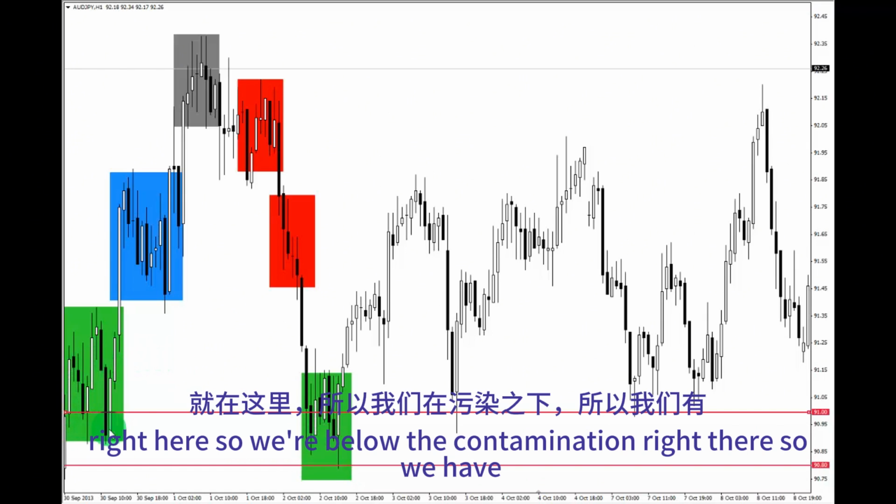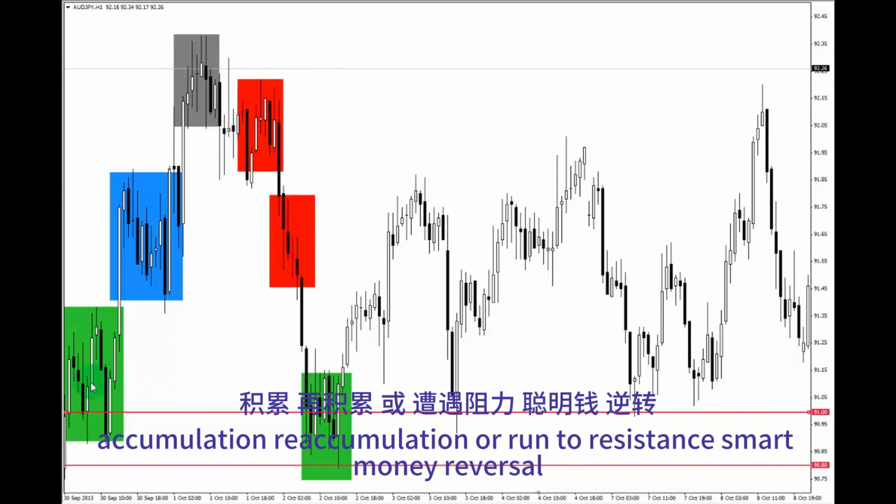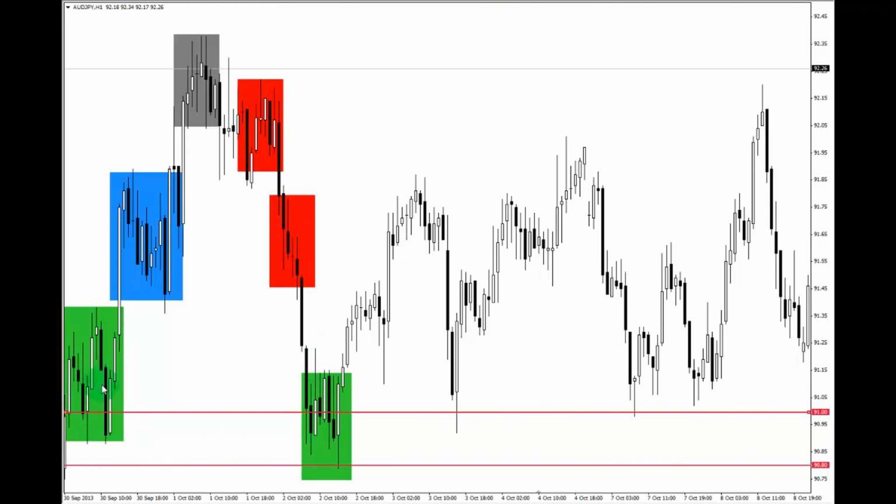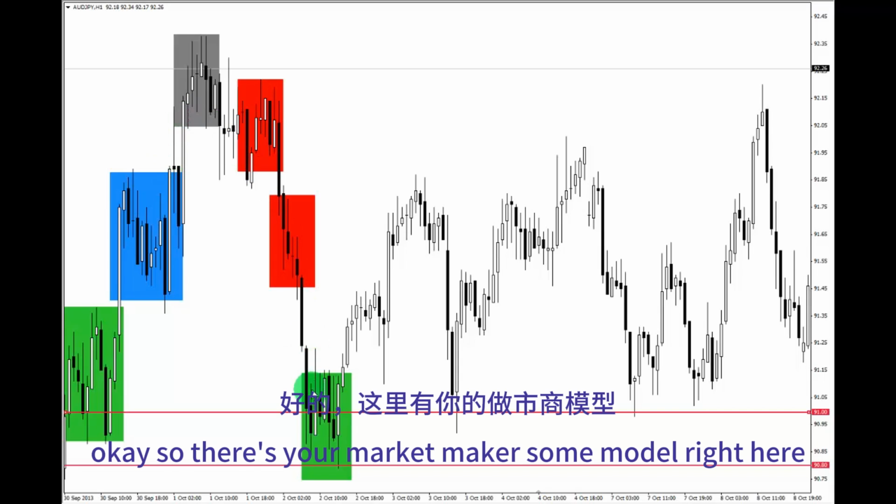So we're below the consolidation right there. So we have the accumulation, reaccumulation, or run to resistance, smart money reversal, low risk sell, redistribution, distribution. Okay, so there's your market maker sell model right here.